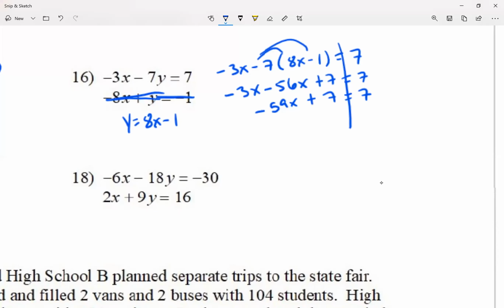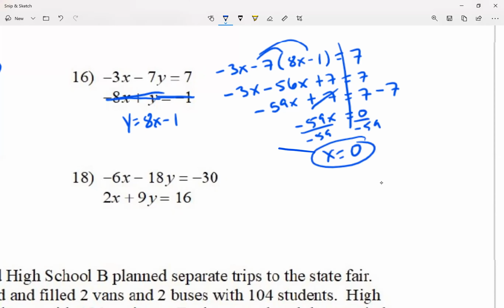To get the x by itself, this plus 7, let me move it over as a minus 7. So negative 59x is equal to 0. Divide both sides by negative 59. x is still 0, since there's no such thing as a negative 0. So cool, I have the value of x.